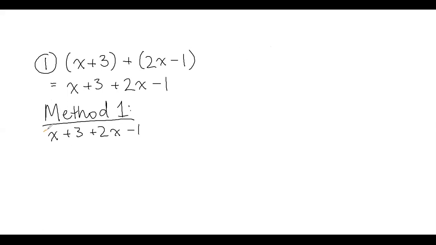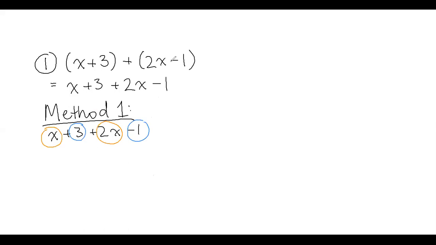I'm going to circle the terms with the x's in them because I can add those together. And then I'm going to circle the constants. And notice that for -1, I circled both the minus and the 1. Because when you're subtracting, it's the same thing as adding its opposite. So it's like adding -1.